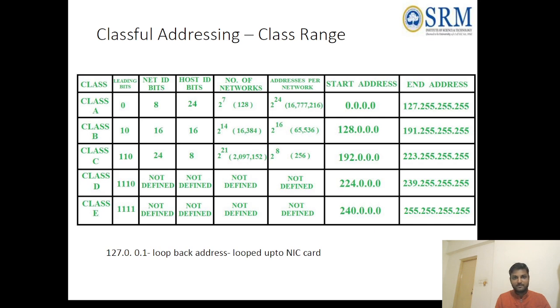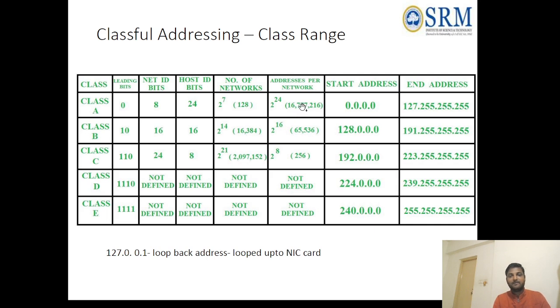The first bit is fixed and it is 0, then the remaining bits among the net ID, that is 8 minus 1 equals 7, are for networks. And the total number of networks possible is 2 to the power 7, which equals 128.